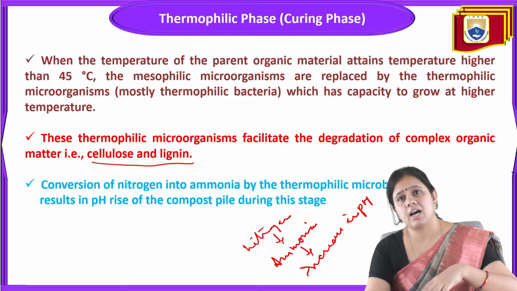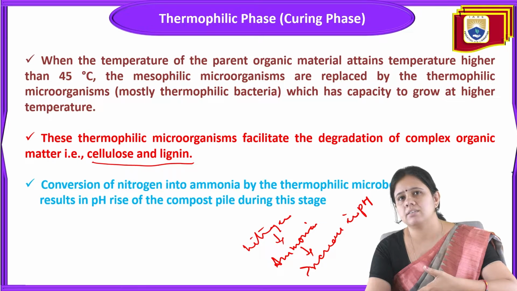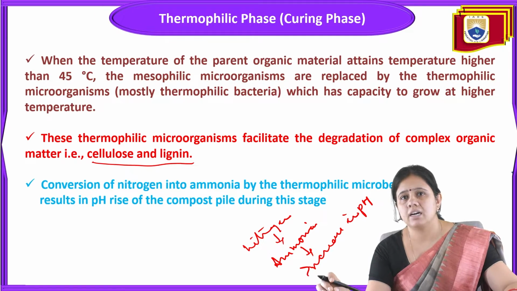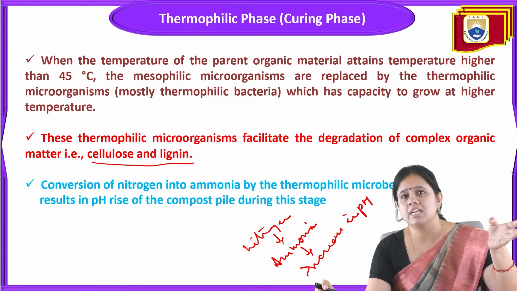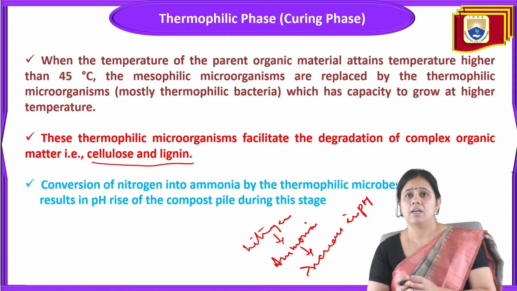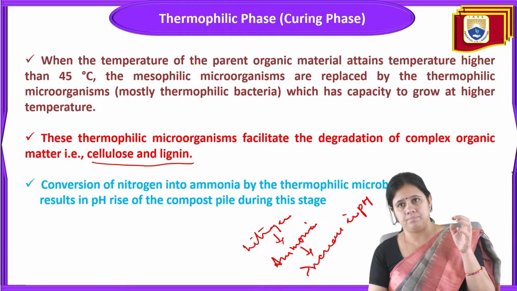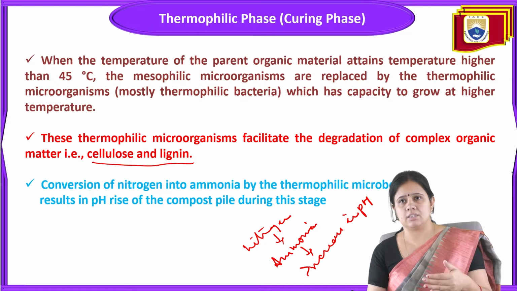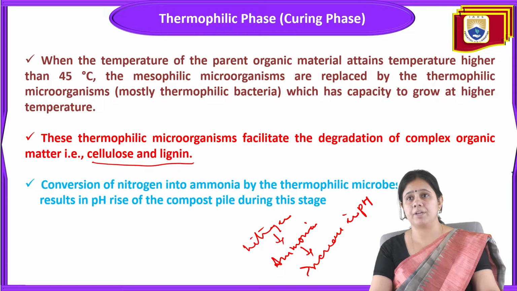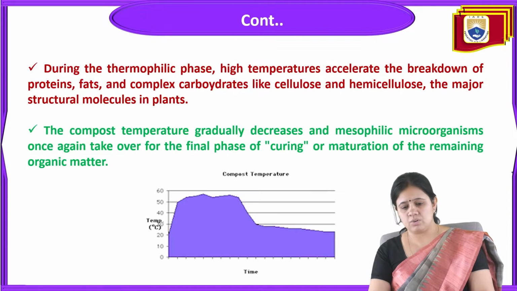These bacteria are going to degrade complex matter like cellulose and lignin, and in the mesophilic phase only nitrogen is converted, but now they are converting nitrogen into ammonia, and due to this conversion the pH of the compost pile increases during this stage. Now comes the next point.